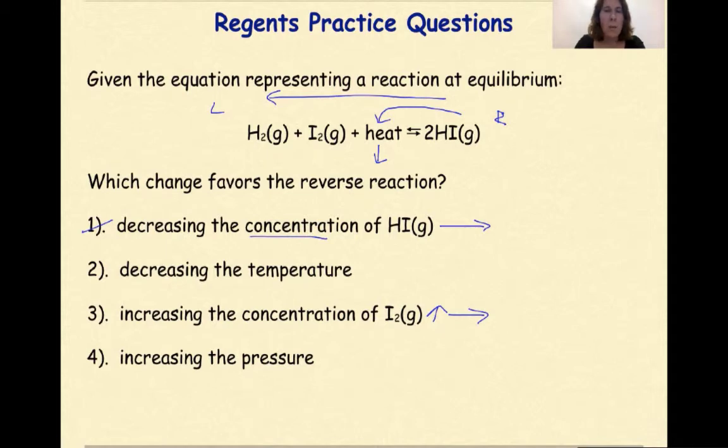Increasing the pressure, if I look at this, I have 1 mole of H2, 1 mole of I2, so that gives me 2 moles here. I already have 2 moles here, so pressure is not going to affect this system because the number of moles on the reactant side and the product side are the same. So 3 and 4 are out, which only leaves us with 2, decreasing the temperature, that will shift it towards reactants, and that is our correct answer.